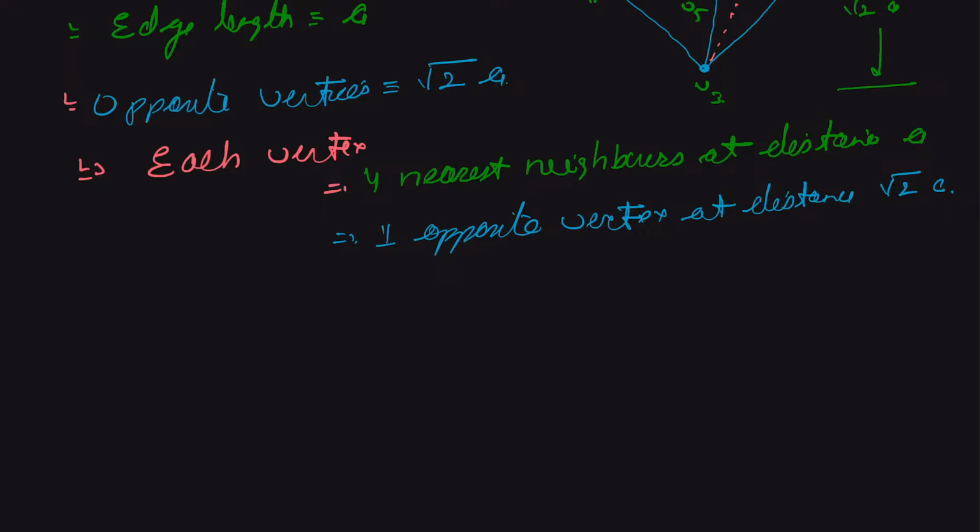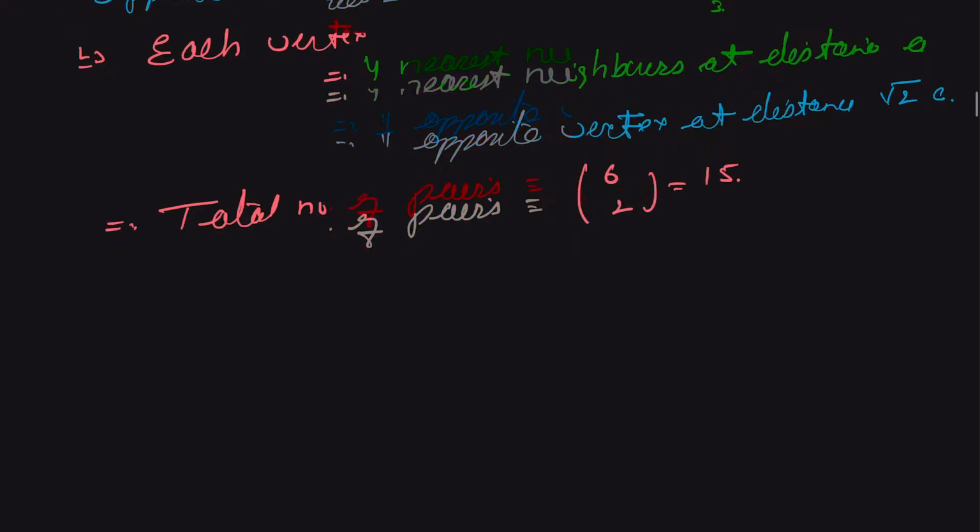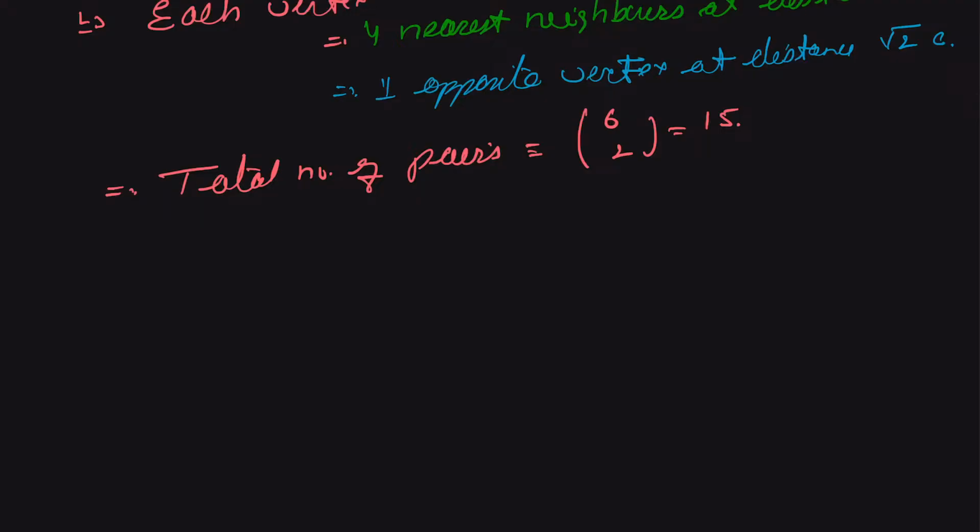Therefore, we can write that total number of pairs is 6 choose 2, and that will equal 15, and these 15 we can divide into 12 edge pairs and 3 opposite vertex pairs.